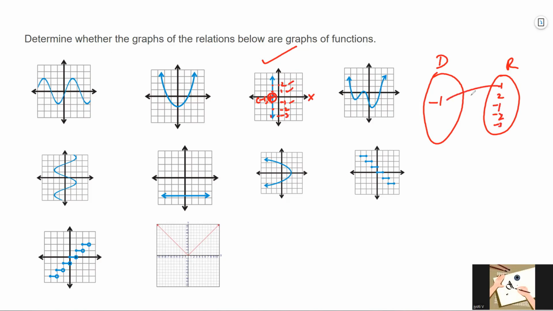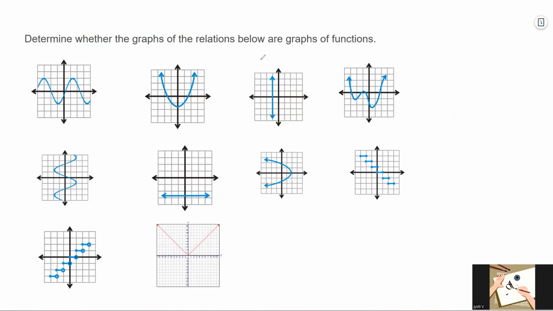So -1 is mapped to infinitely many elements, because it's a line. In that case, this is the graph of a relation, not the graph of a function. So that's the conclusion. It's not a function.